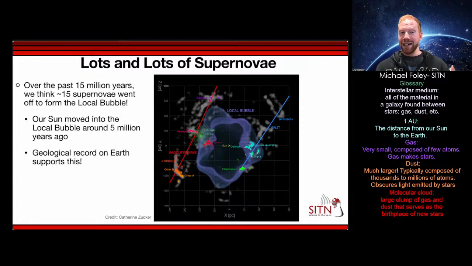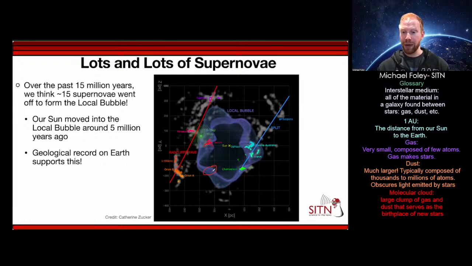The fascinating thing is that if our sun moved into this void, so right over here, around 5 million years ago, we would expect that on Earth, we might see evidence of some sort of supernovae, since the sun is moving into a bubble that was caused by supernovae. If we go back to the geological record and look about 5 million years ago, there is evidence of supernovae.